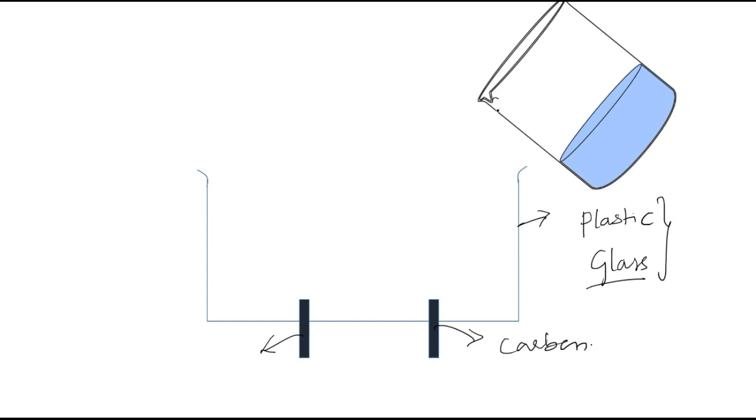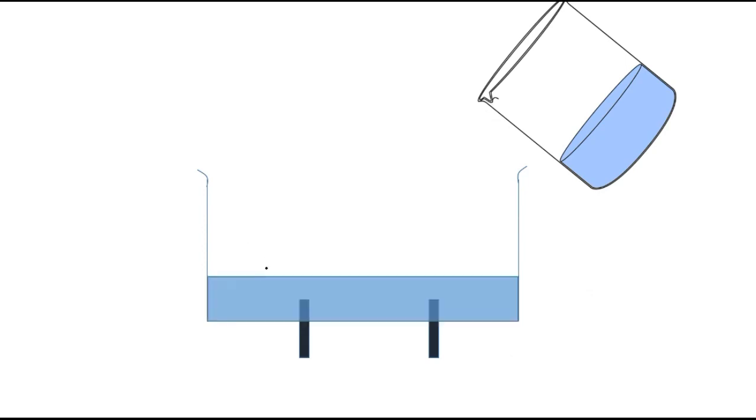After that, we have to pour some water here, and that water shouldn't be pure water. That water should have a bit of salt or an acid added, right? Which makes it a good conductor of electricity. So water becomes a good conductor of electricity when a bit of salt or a pinch of acid is added into it.